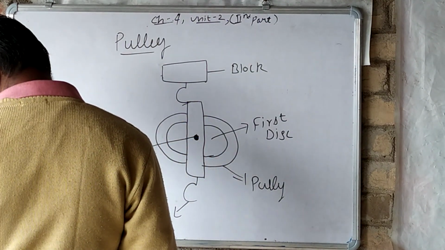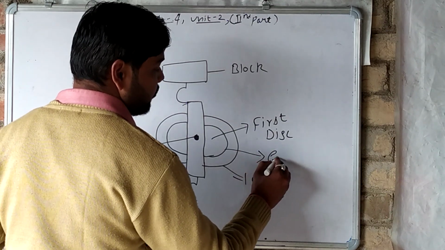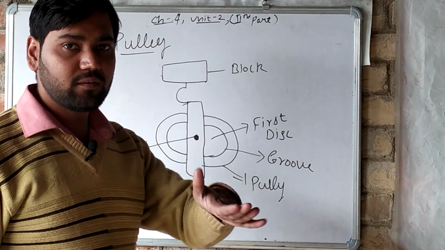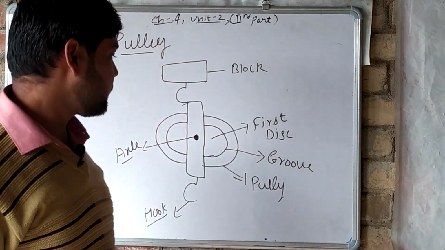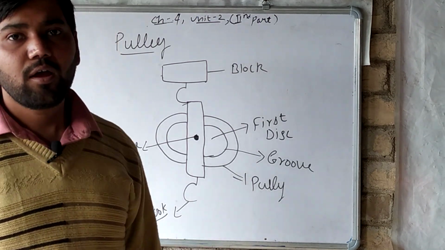This is the groove. Groove means a pit, a depression in which the rope is fitted. So this is the whole setup of the pulley.